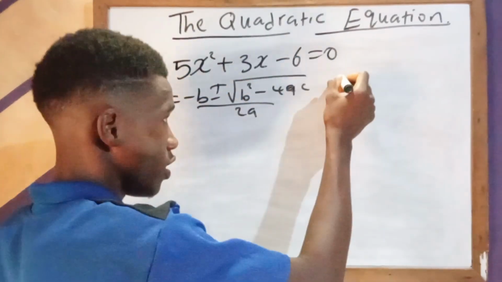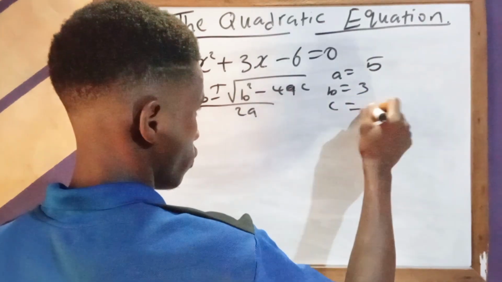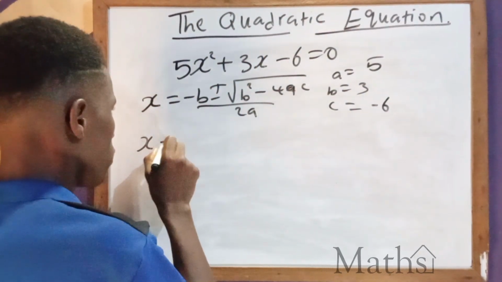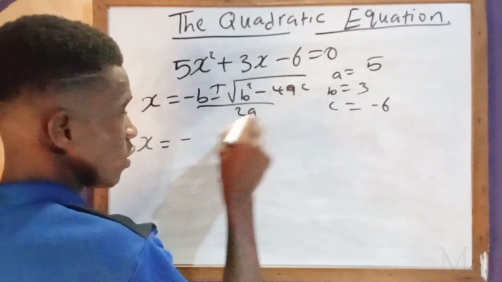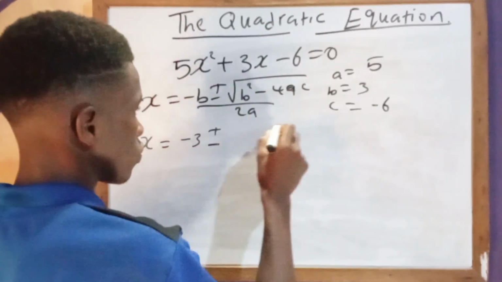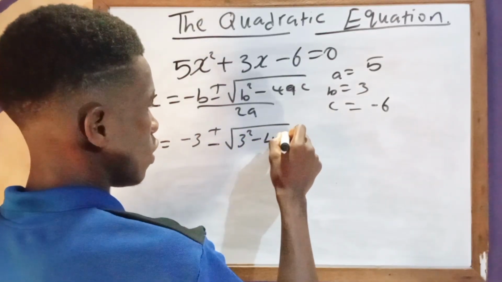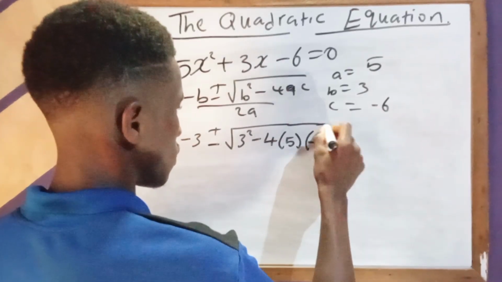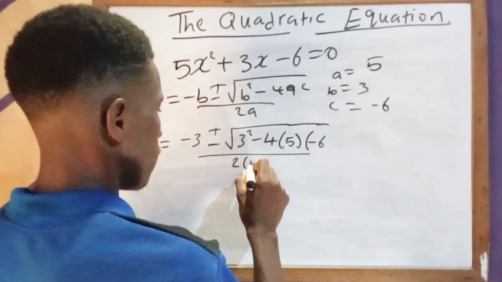So in this case, a is equal to 5, b is equal to 3, and c is equal to minus 6. So we can just substitute it here. Now we have the value of x, which is the root of the equation, equal to minus 3 plus or minus square root of 3 squared minus 4, a is 5, c is minus 6, over 2 times 5, which is 10.